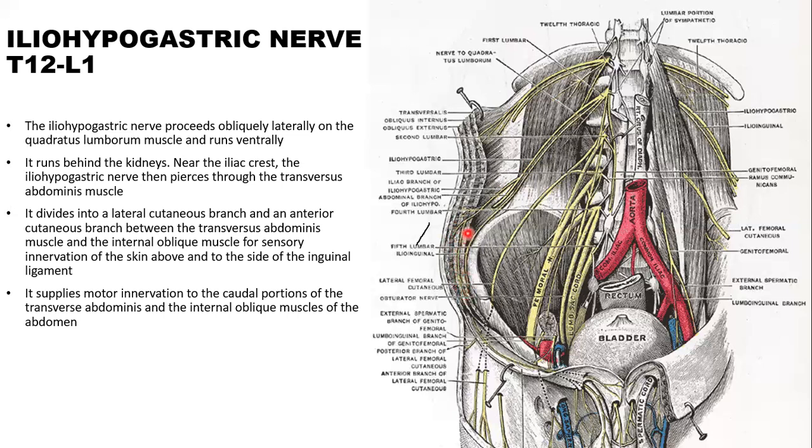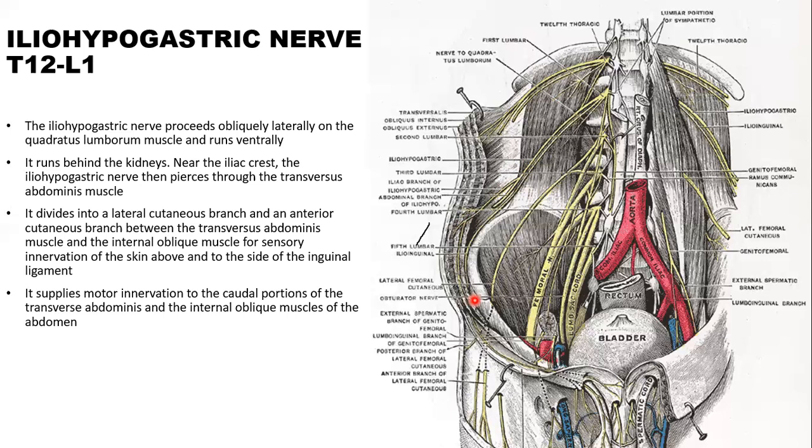So in between the two muscles, the iliohypogastric nerve is going to divide into two cutaneous branches. The lateral one, the lateral cutaneous nerve, supplies the lateral aspect, and the other one goes on the anterior aspect, known as the anterior cutaneous nerve.